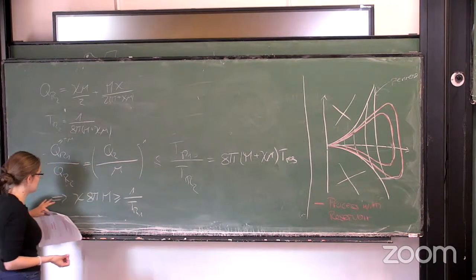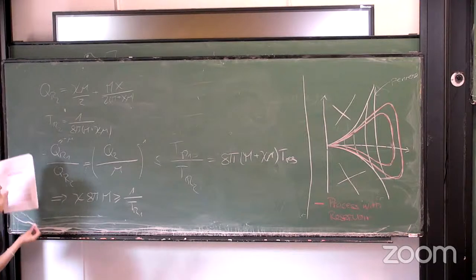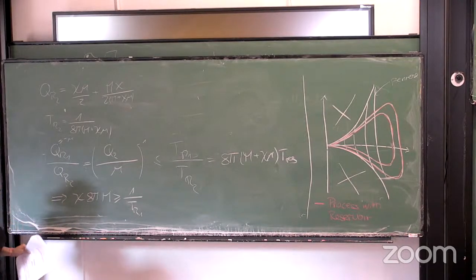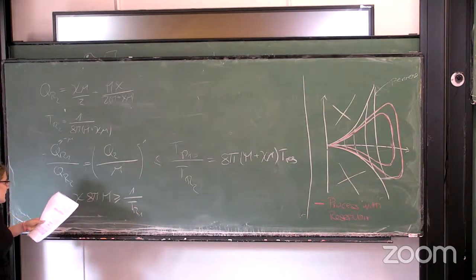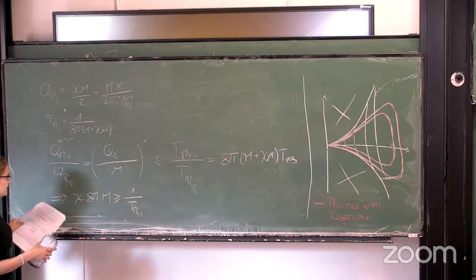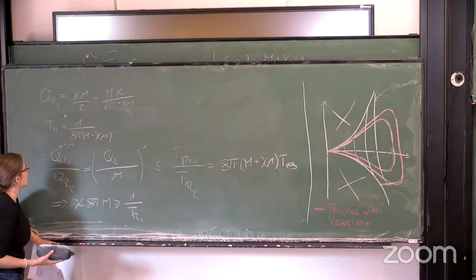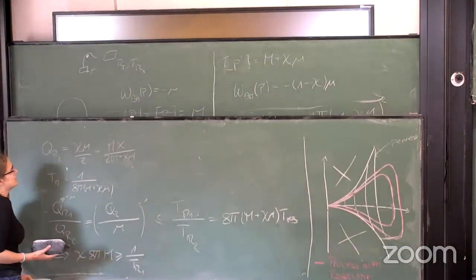So this means that, with all the consistency checks we did, if this inequality is fulfilled, we find that the process doesn't violate the second law anymore, either directly or indirectly.